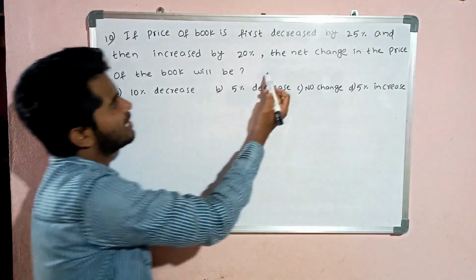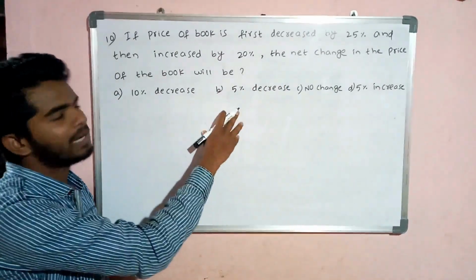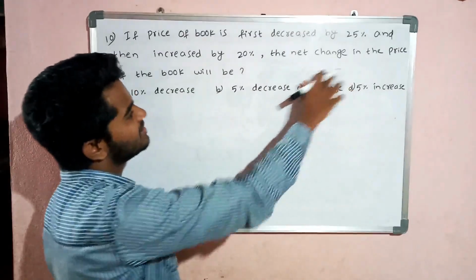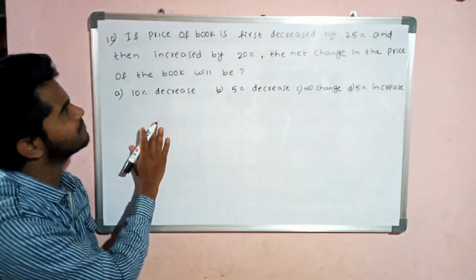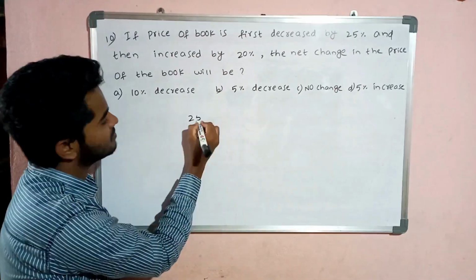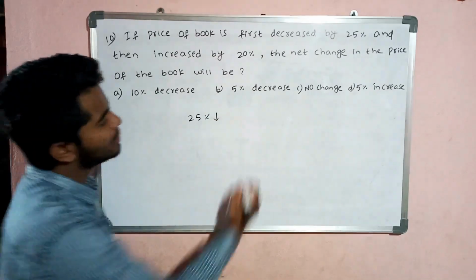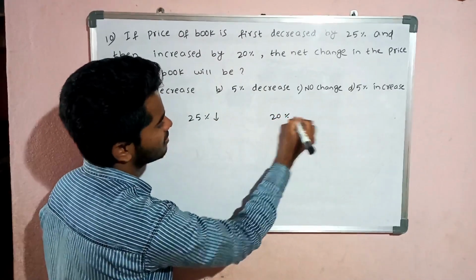If the price of a book is first decreased by 25% and then increased by 20%, the net change in the price of the book will be? The book is first decreased 25% and next increased by 20%.